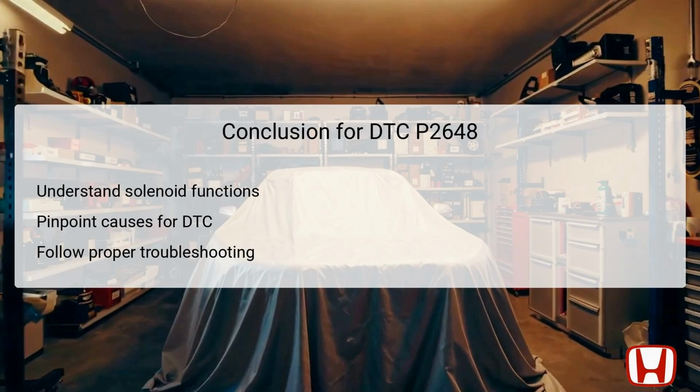Recognizing potential causes such as faulty solenoids, loose connections, or wiring defects is critical for prompt diagnosis. Following the specified troubleshooting steps methodically allows technicians to identify the specific fault and carry out necessary repairs.